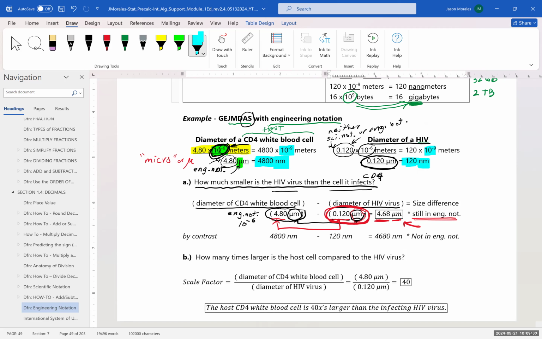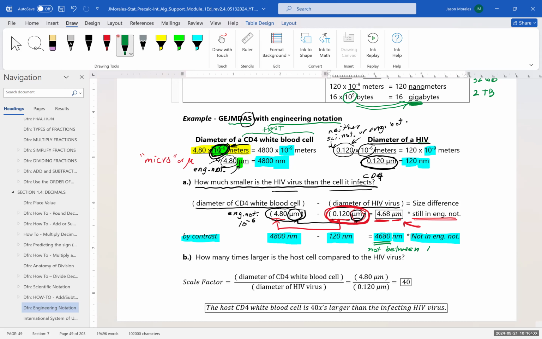Here, we have the diameter of the white blood cell at 4,800 nanometers, and we subtract the diameter of the HIV virus in nanometers, 120 nanometers. When we subtract 120 from 4,800, we get 4,680 nanometers.